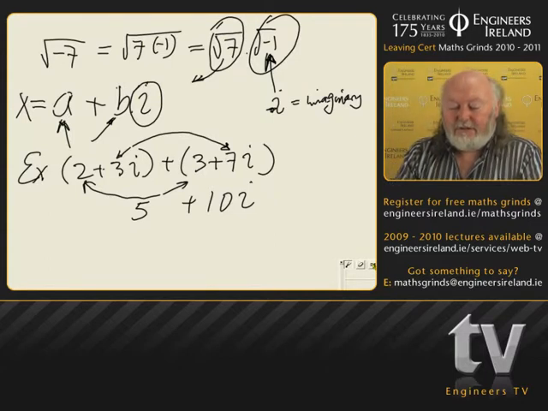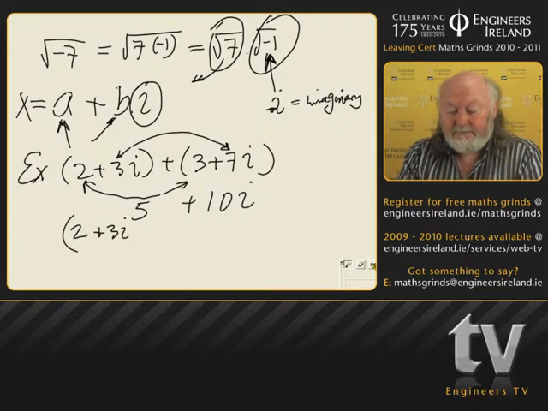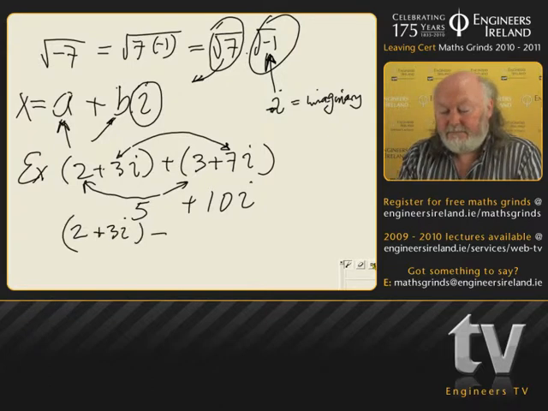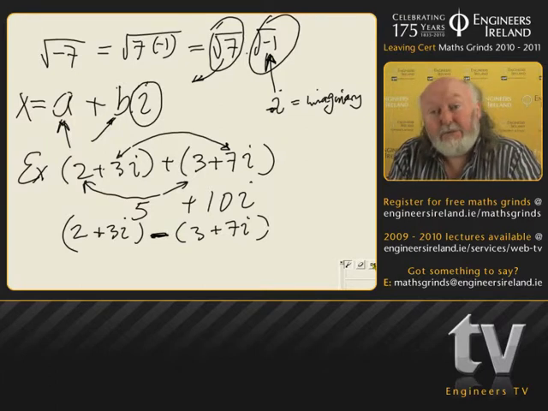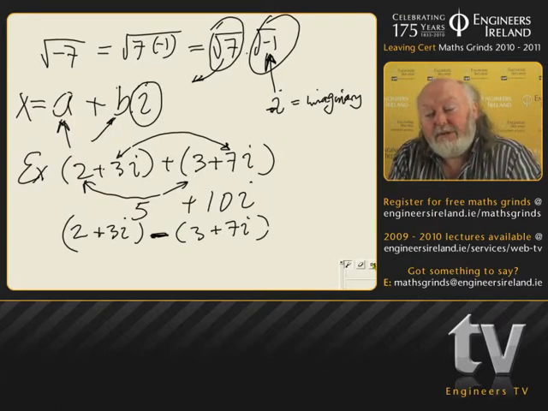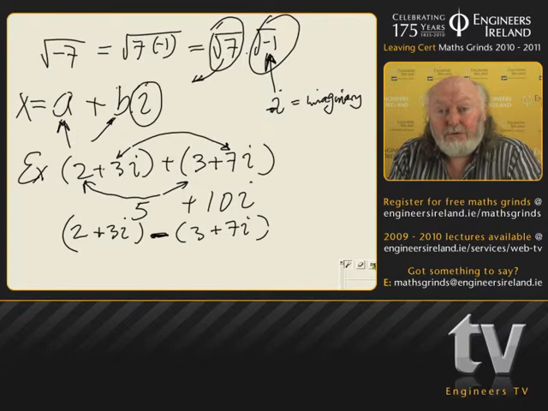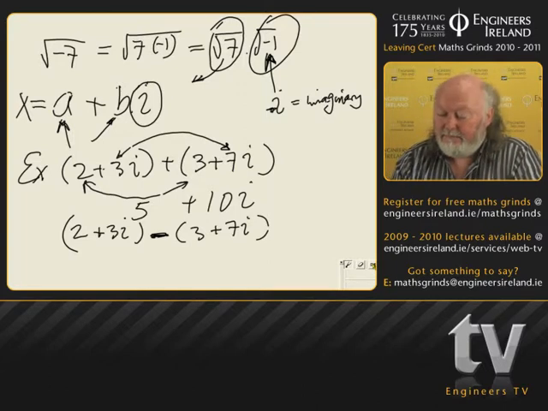If instead of adding we were taking away, it's the exact same process. The only difference is you can be taking a real bit away from a real bit and an imaginary bit away from an imaginary bit. So far, so good. Easy stuff, okay?